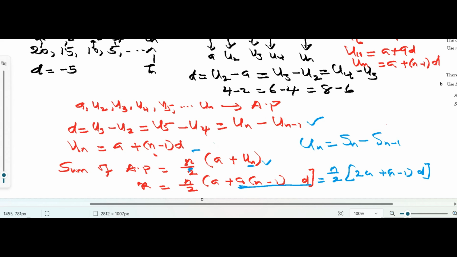You can also find the number of terms in a sequence by using Un equals a plus n minus 1 d. The sum, when you know the number of terms, the first and the last, is n over 2 open bracket a plus Un. And when you are given the common difference and the first term, n over 2 open bracket 2a plus n minus 1 d. Let's take a practical question and practice this.